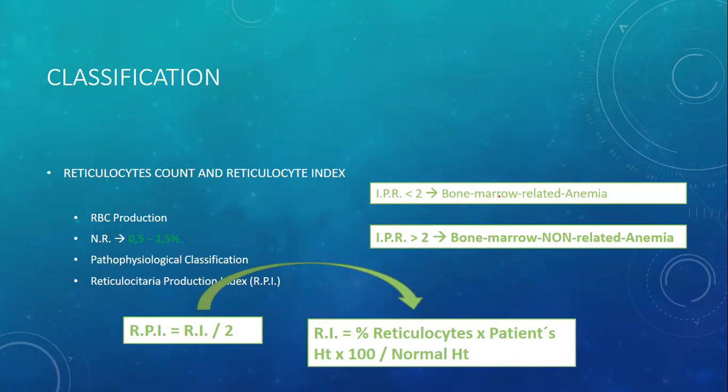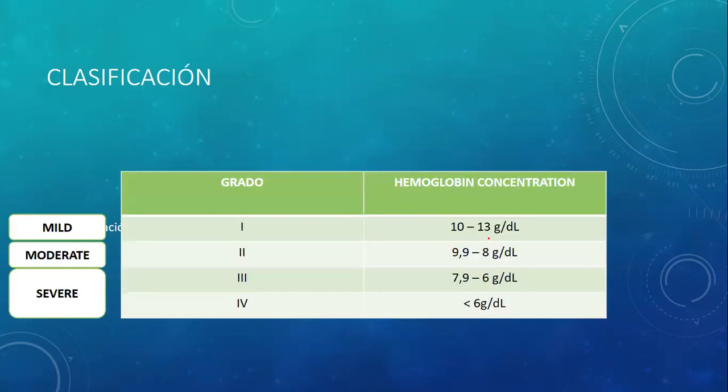What does it mean? It means that the bone marrow is not producing enough red blood cells. So the problem is in the bone marrow. If the reticulocyte production index is higher than 2, this anemia is not related to the bone marrow, okay? Easy, right? This is the pathophysiological classification of anemias.